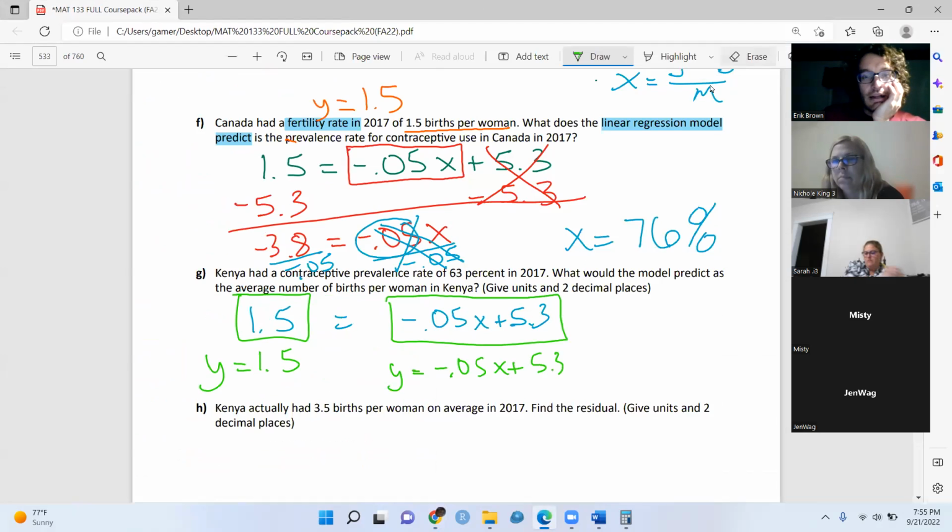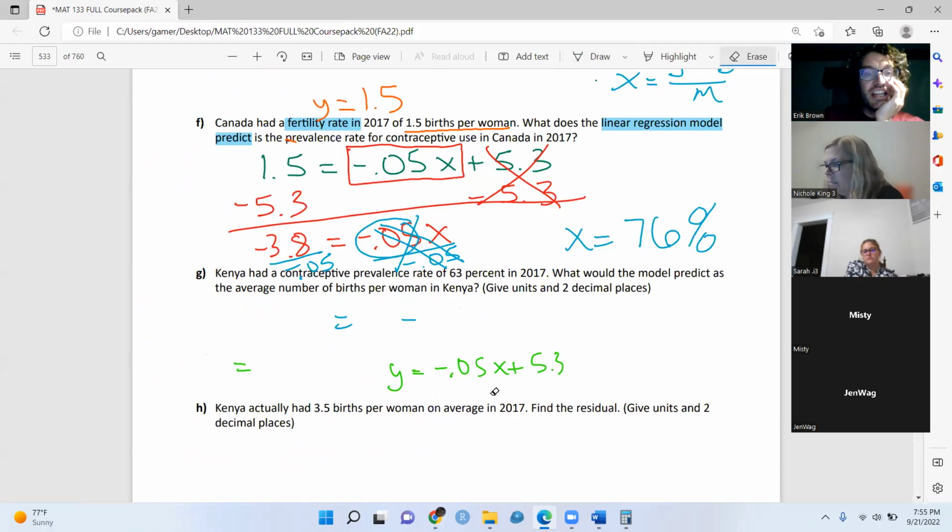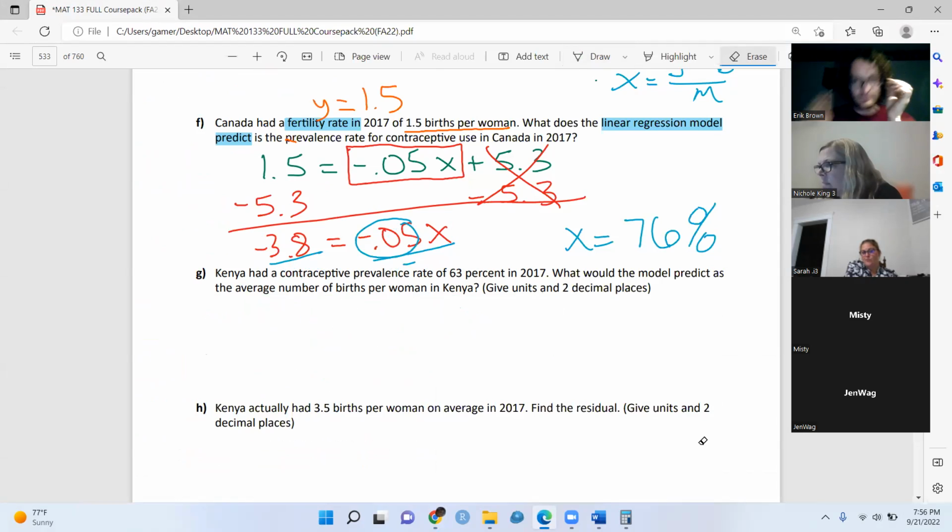Okay, how is G different than F? F is a prediction and G is an actual. Well, except it does say, what would the model predict?